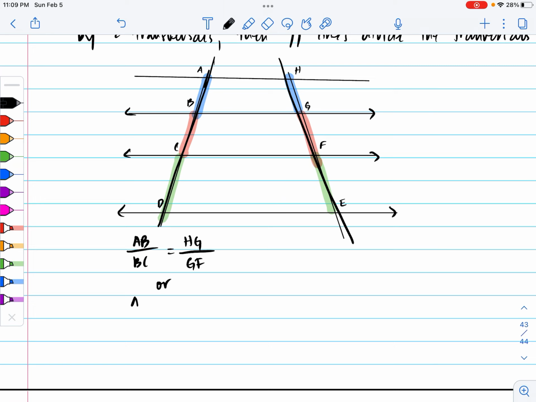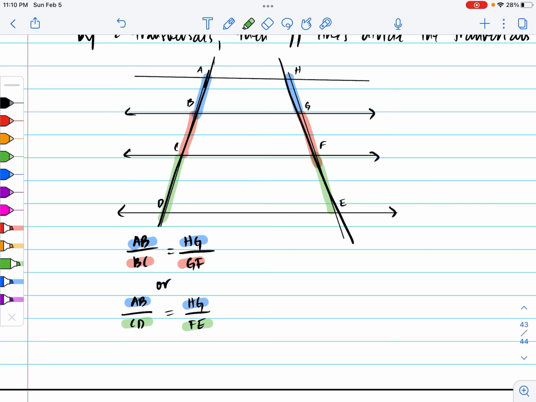You could actually say AB over, and let's use the green this time, CD is proportional to, that's blue again, HG to green, FE. And we could actually see this play out. These blues, AB, HG, are proportional multiple ways.